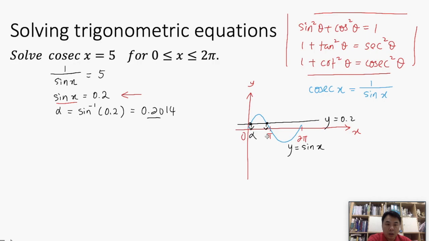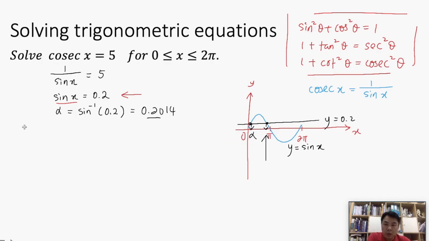All right. Now next we're going to get the second angle, and by using symmetry, we are quite certain that the other angle must be the difference between pi and the reference angle that you are looking at here, right?